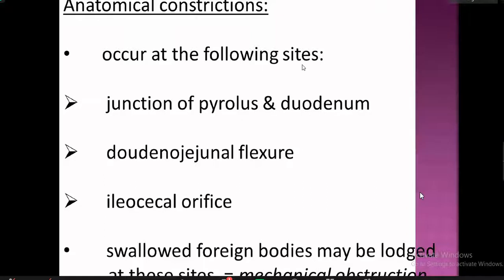Okay. So those who have psychiatric conditions and eat or swallow hair, this hair can form a ball inside and cause obstruction. Some people can have worms, Ascaris lumbricoides, so many that they form a ball.